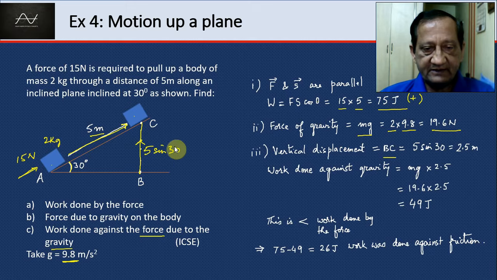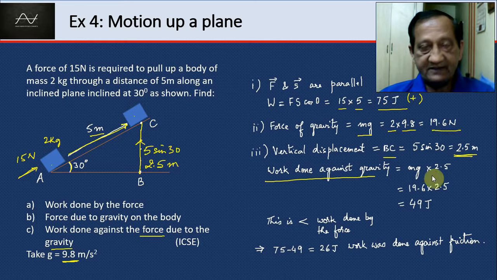And sine 30 is half, so 5 into half is 2.5 meters. Work done against gravity is mgh, only the vertical displacement. Mg we already found 19.6, into h, 2.5, gives us 49 joules.